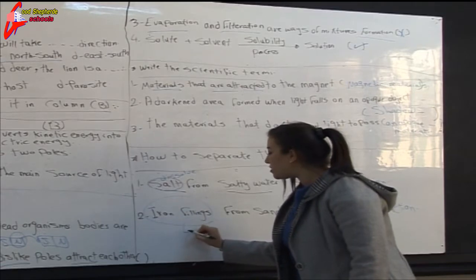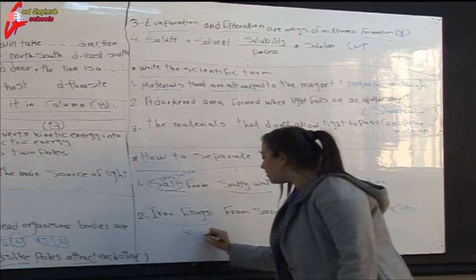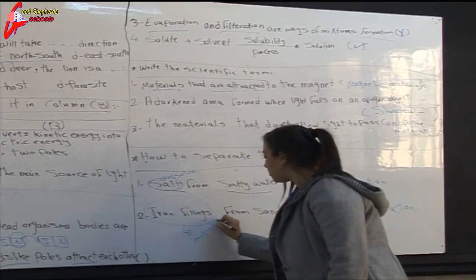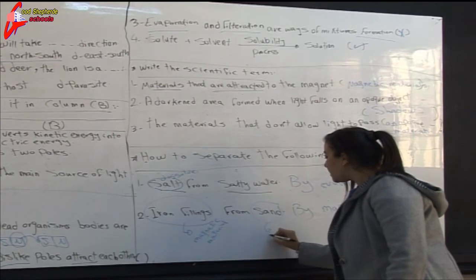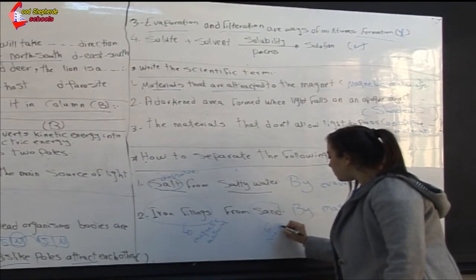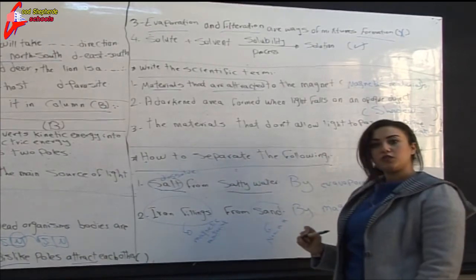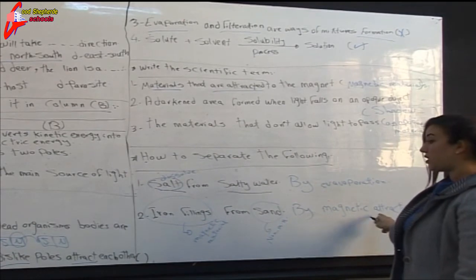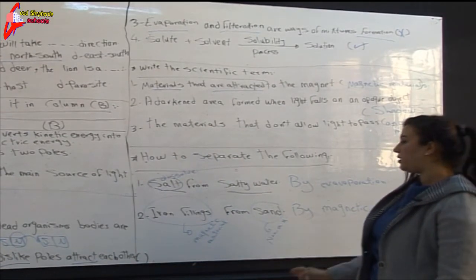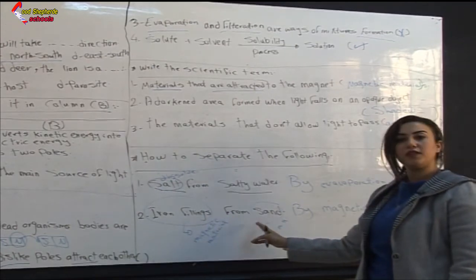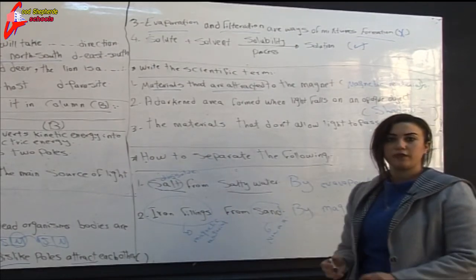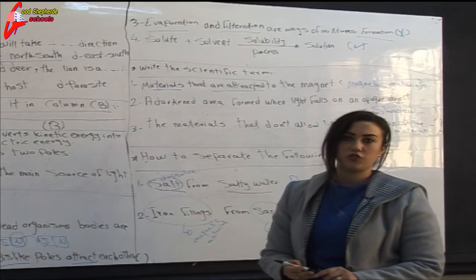The iron filings are magnetic materials, and sand is a non-magnetic material. So I use a magnet to separate the magnetic material, iron filings, from the non-magnetic material, sand. And this is the end of the final revision. Thank you.